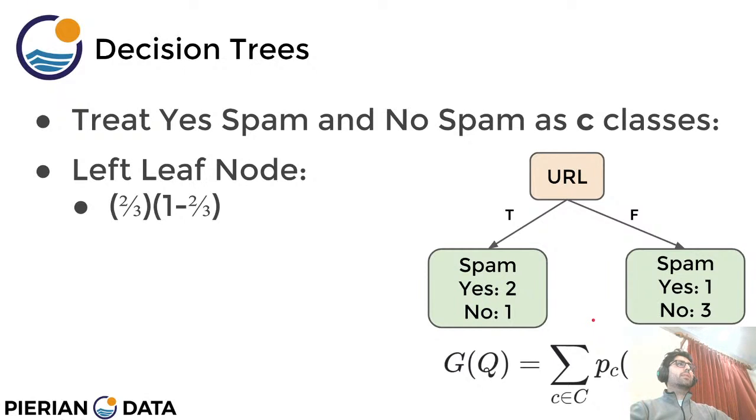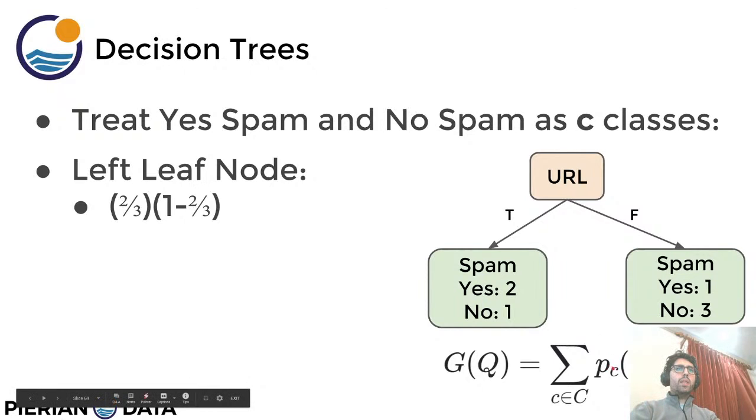So let's start by calculating the left leaf node here. What we start off with is saying, what's the probability that it is spam? We'll say class 1 is that it is spam. So the probability that it is spam, if the URL is true, is 2 out of 3.